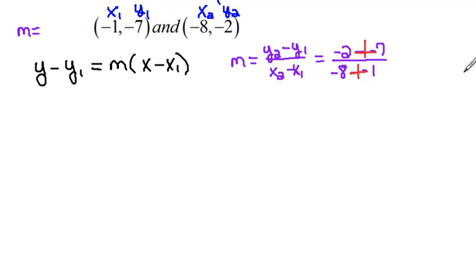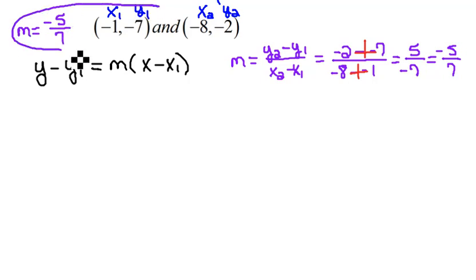So really, we're doing negative 2 plus 7, which would be 5, and negative 8 plus 1, which would be negative 7. Now that is the exact same thing as saying negative 5/7. It doesn't matter whether we put the negative on bottom or on top or out to the side. It's still a negative answer. So I'm going to have my slope as negative 5/7.